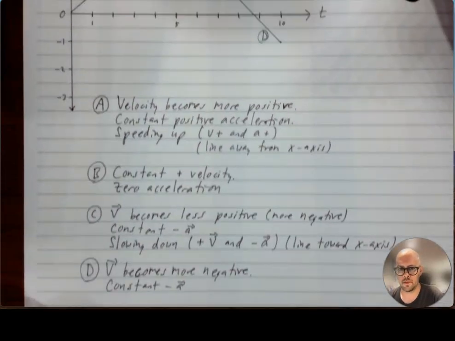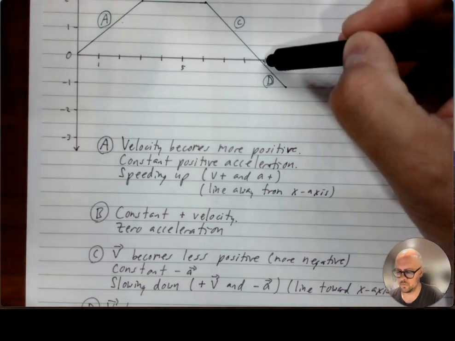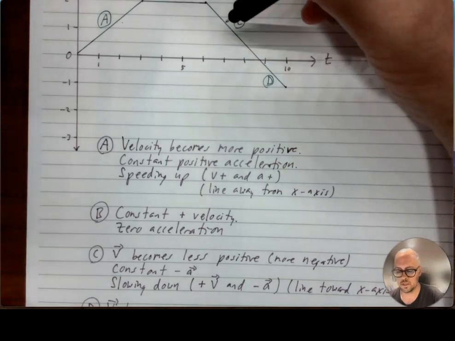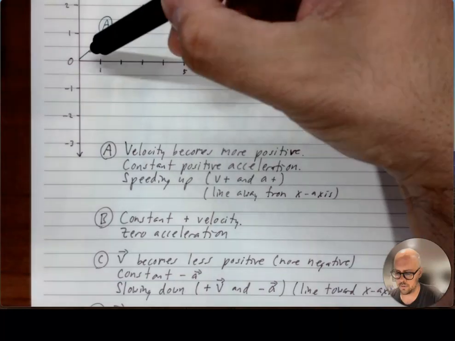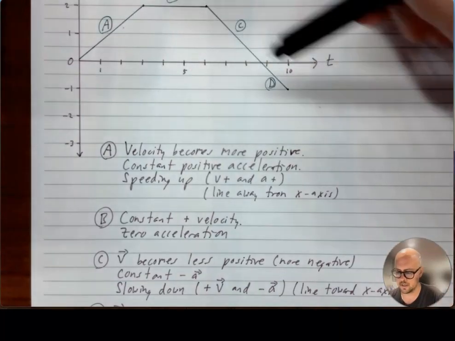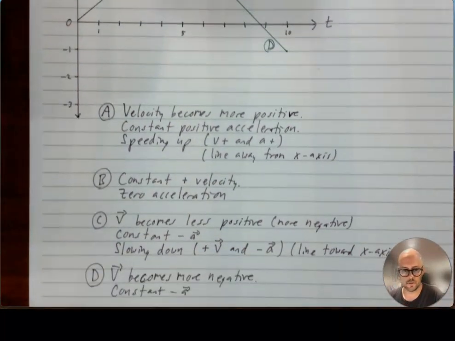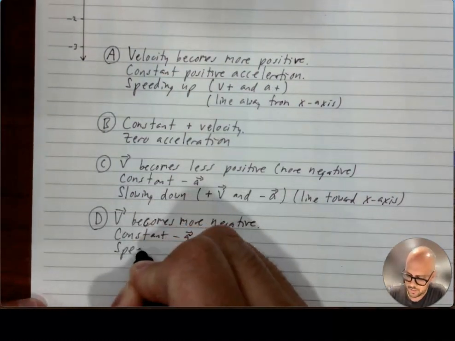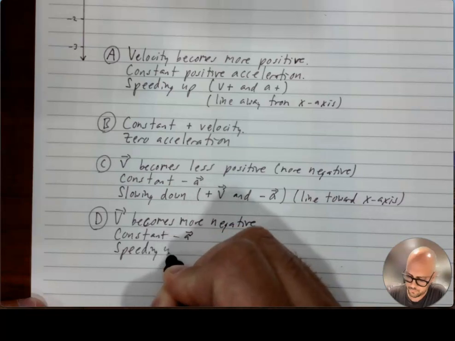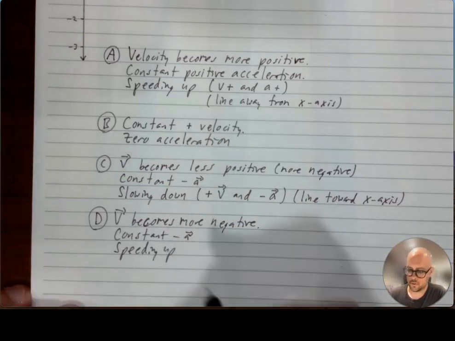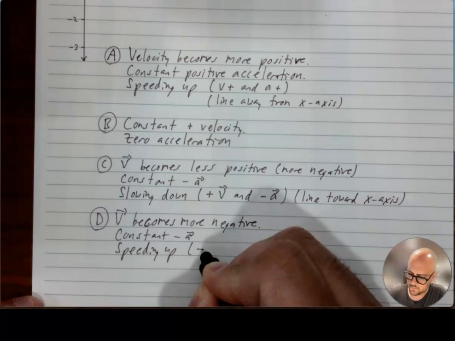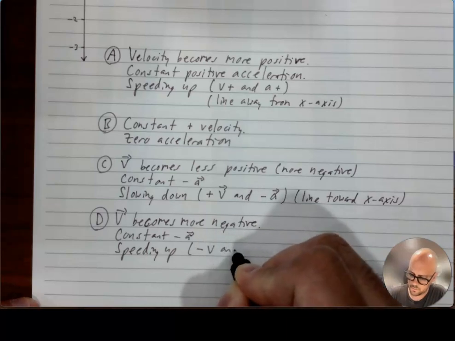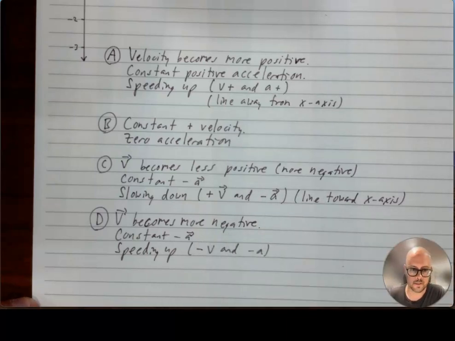But what is happening here is this object is now moving in the opposite direction that it used to be moving in. It had positive velocity for this entire time, and now it has negative velocity. So this object is actually speeding up. The two reasons we know is the velocity was negative and the acceleration was negative.